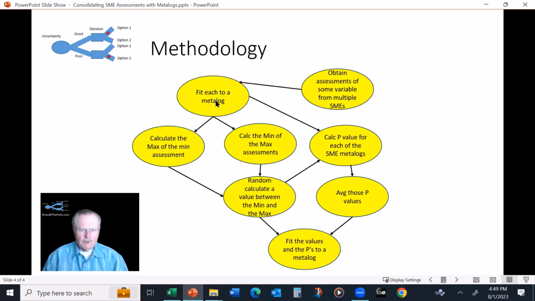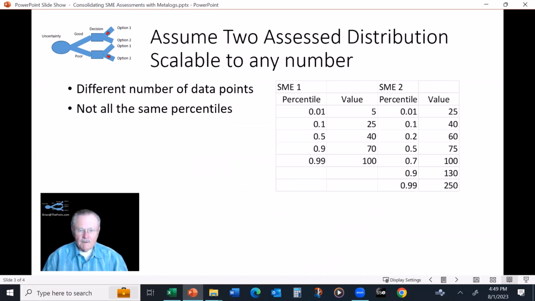And for each one of those, you can calculate the min and the max of the assessment from the metalog. And you calculate the max of the mins and the min of the maxes. And from those two values, you then can calculate a value between the min and the max. So why do you want to do that? Well, let's go back one here. No, we haven't gotten to that yet.